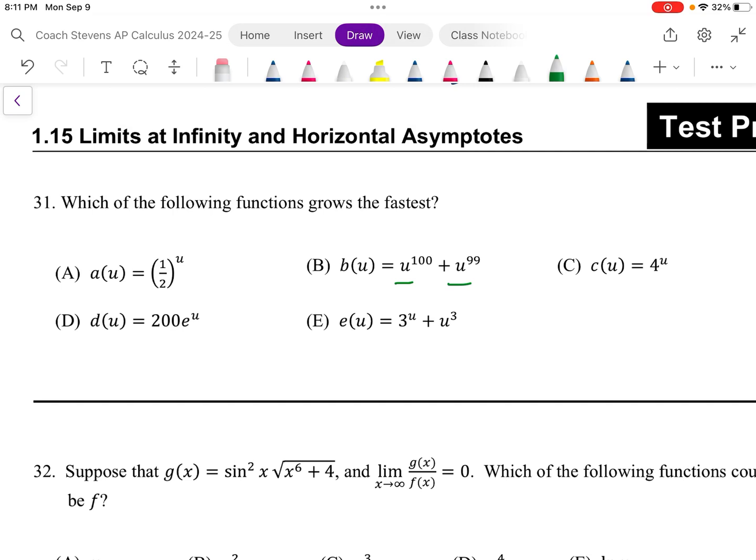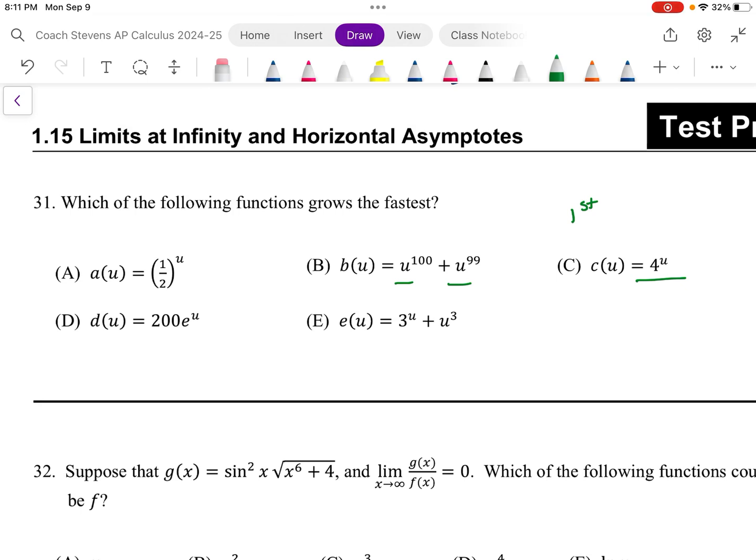So they're going to be big, but it's limited on how fast they're going to grow. I really like the 4 to the u. I like that one growing the fastest. So right now I'm going to rank this as my first choice because I have a number bigger than 1 being raised to a variable power.